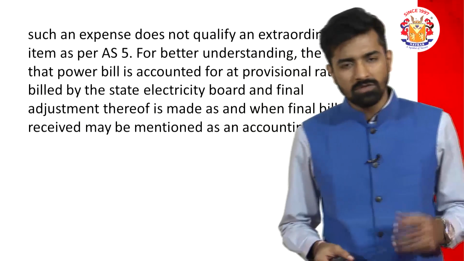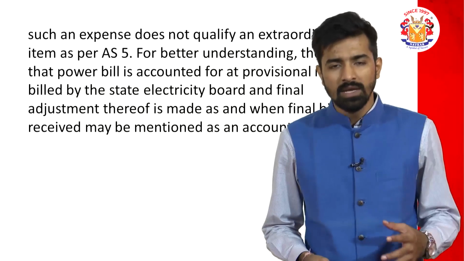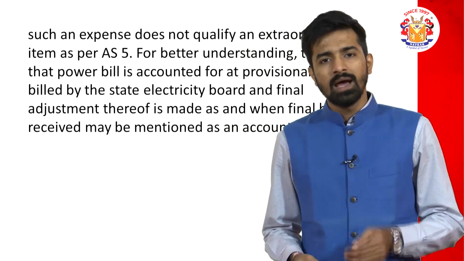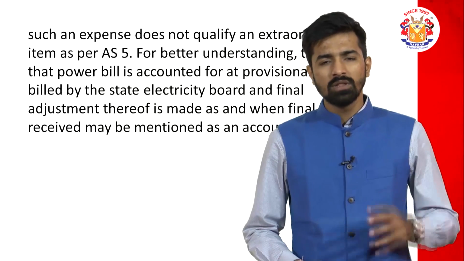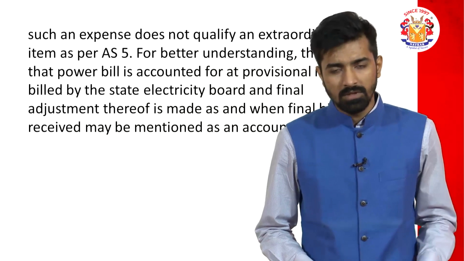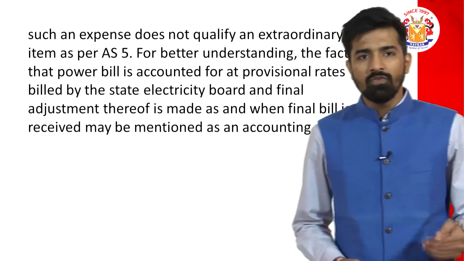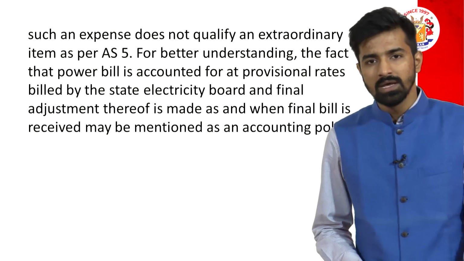Because of the amount and the nature of the expense, though it is an ordinary activity, it can be shown separately, and a separate disclosure can be made. In the previous years, the accounting policy to be followed is that the expense would be accounted at the provisional rate only, and the final adjustment thereof is made as and when the final bill is received.